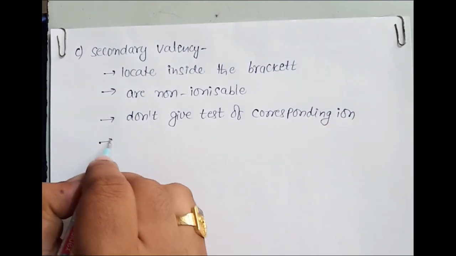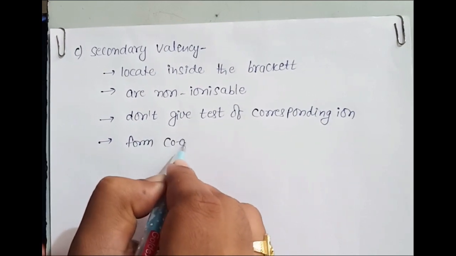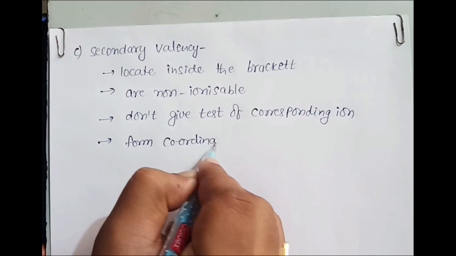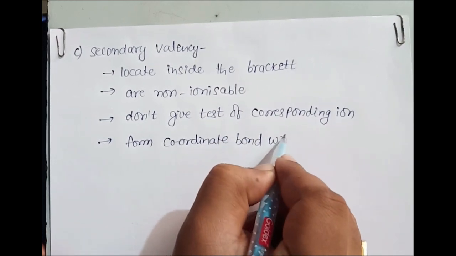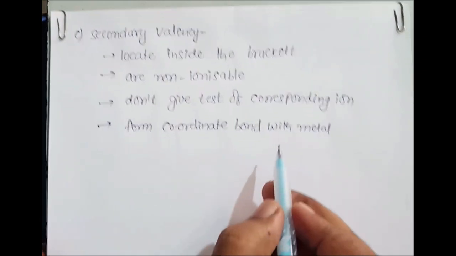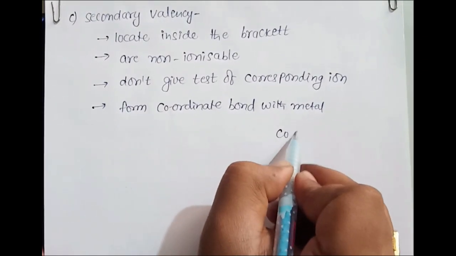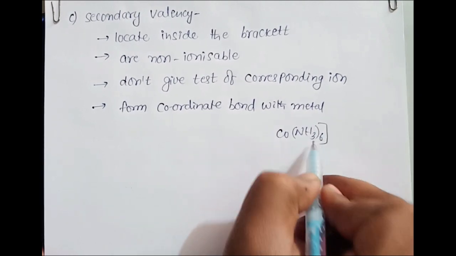And primary valencies form ionic bond, but secondary valencies form coordinate bond with the metal. I'll show you an example also. Like I have taken Co(NH3)6 Cl3, correct? This example we have taken initially.